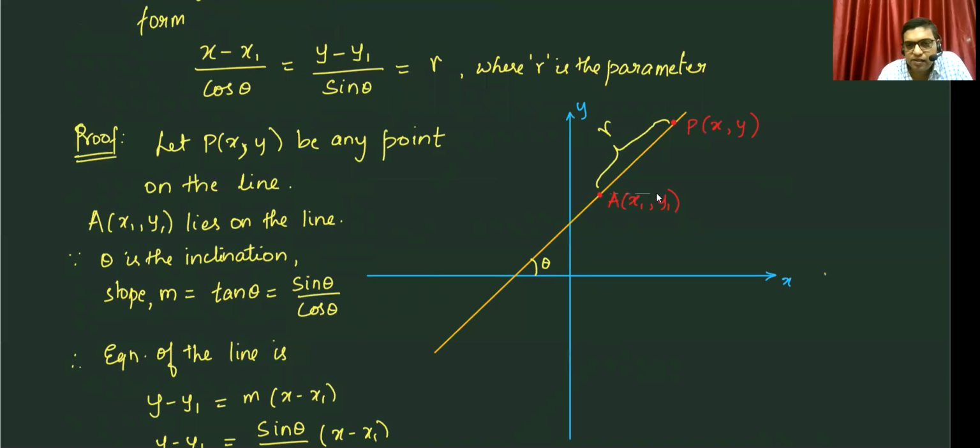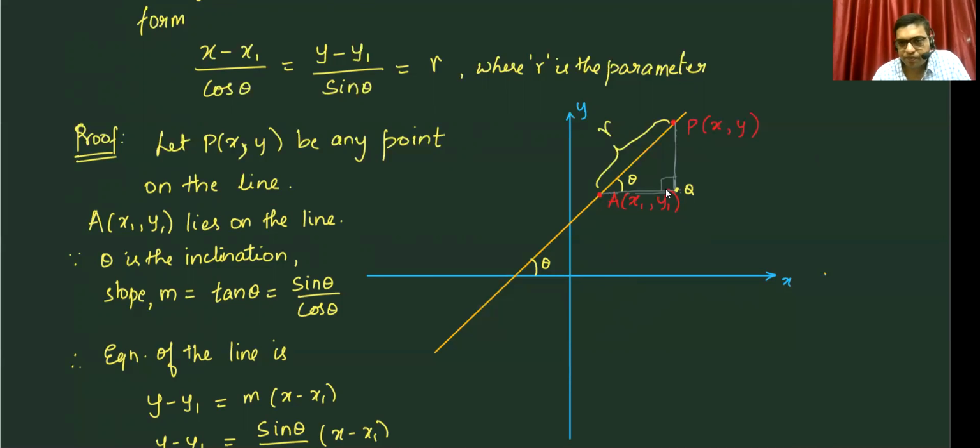From A, I draw a horizontal line and then a vertical line, making a right angle triangle. Now this angle is theta. Let this point be Q.